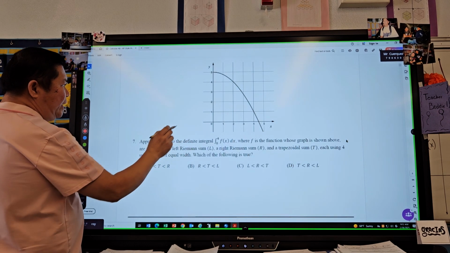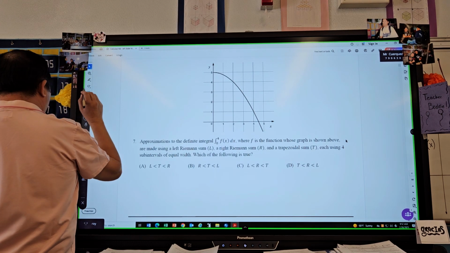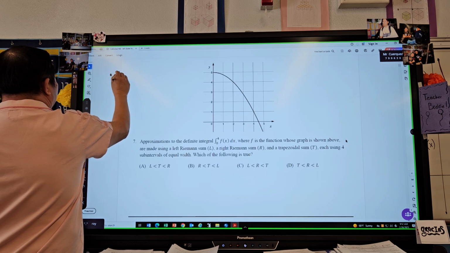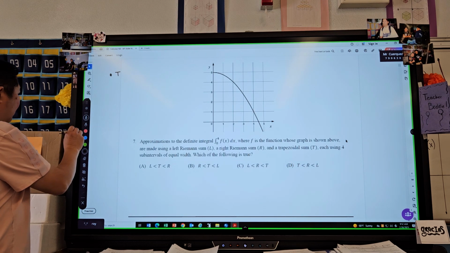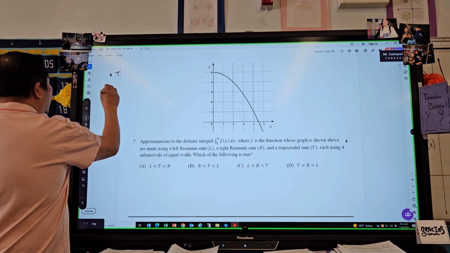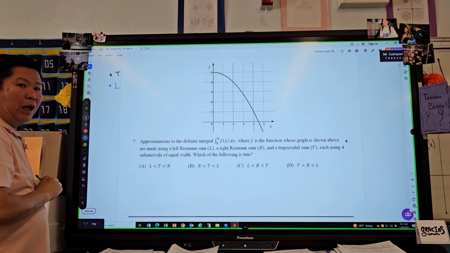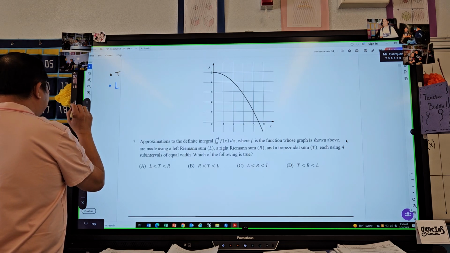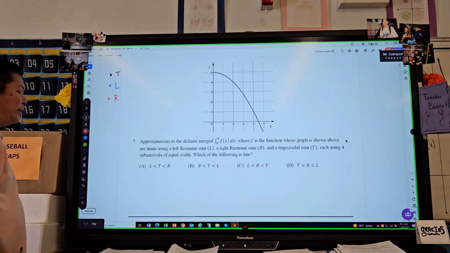Okay. This one is the t. So color black is the t function. Okay. So let's do color blue as the left. Okay. And we do color red as the right.